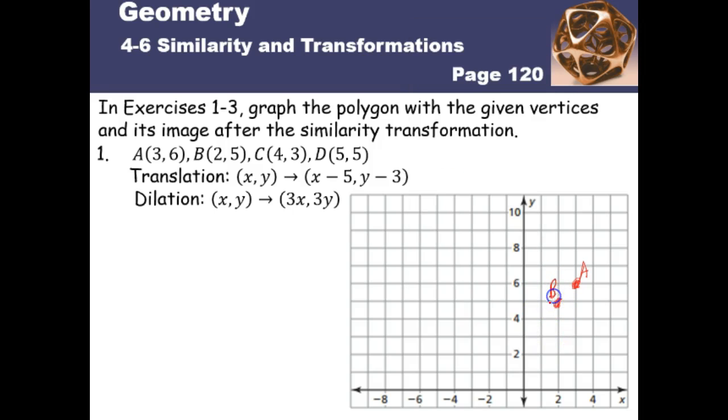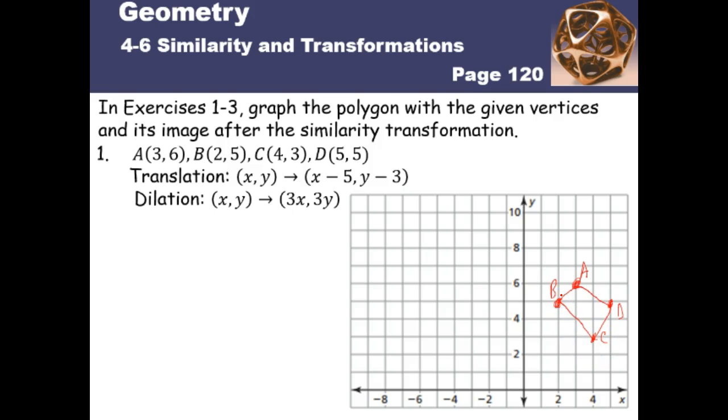Yikes, doesn't like B. Alright, so B is (2, 5) and C is (4, 3), and D is (5, 5). And we're going to connect the dots. And then we're just going to double check that I graphed these in the correct spot.